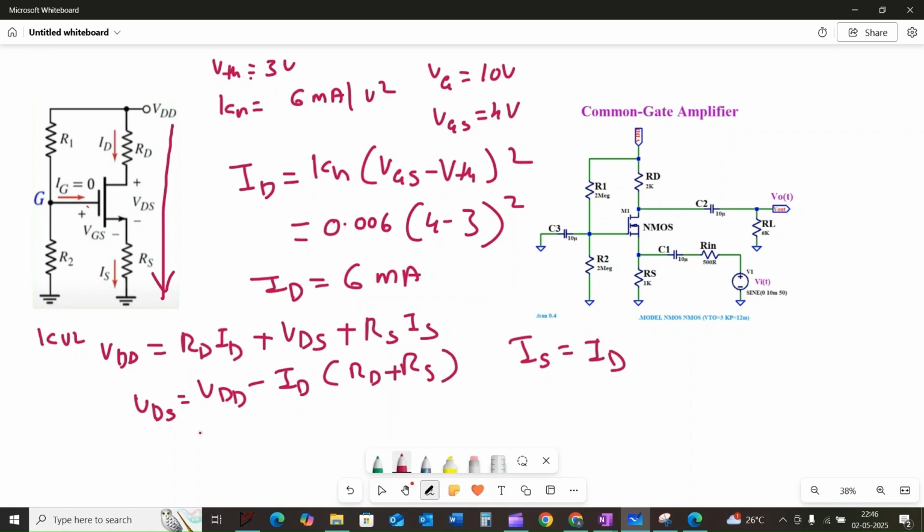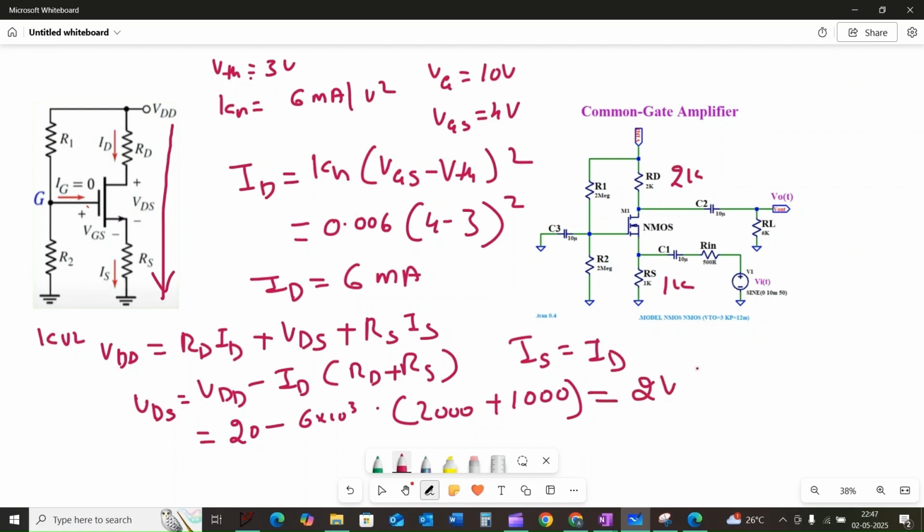Which is equal to 20 minus 6 into 10 to the power of 3 into 2000. It is RD, here 2K, and RS is 1K, plus 1000 ohm, which is equal to 2 volt, which is greater than VGS minus VTH, which is 4 minus 3 volt equal to 1 volt.